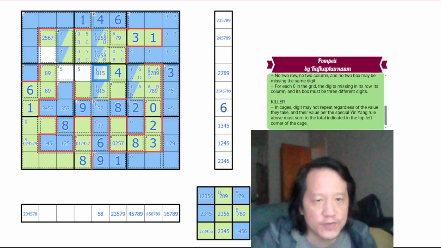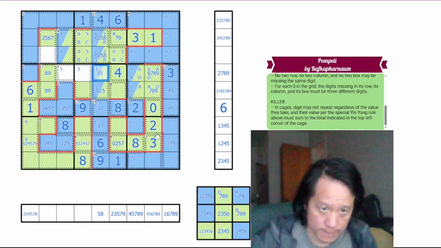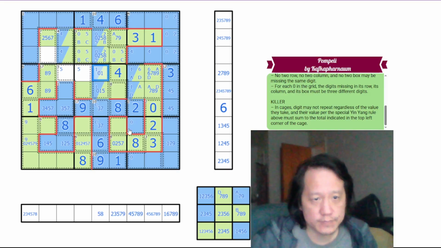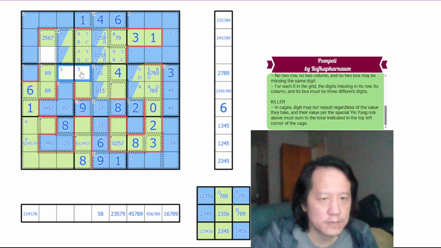One of these is 5, so this cannot be 5 here. Again, if you try to have both of these being set, yeah, this 2x2 box has 3 blues, so therefore this can't be blue.